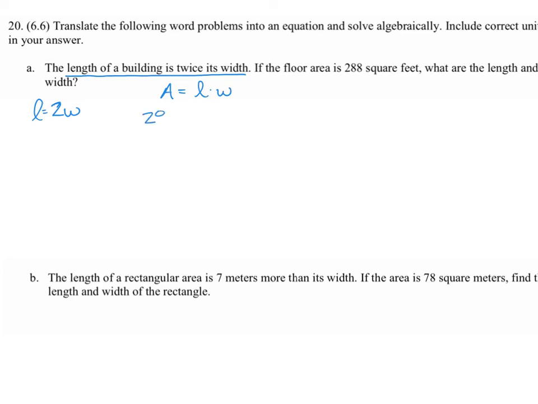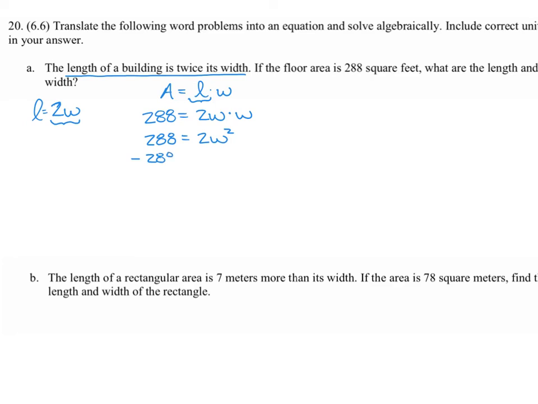We get 288 for our area. We said L was 2W times W. So we get 288 equals 2W squared.